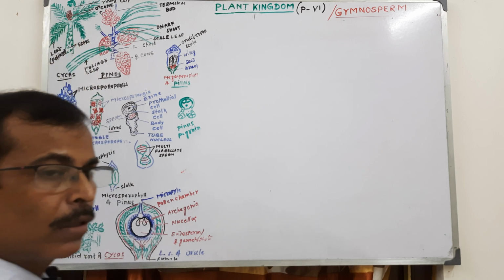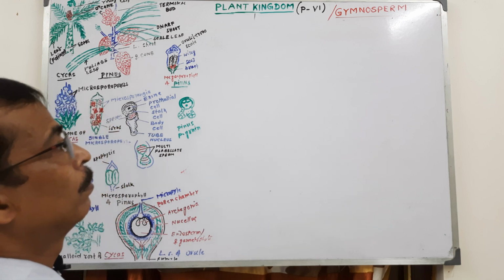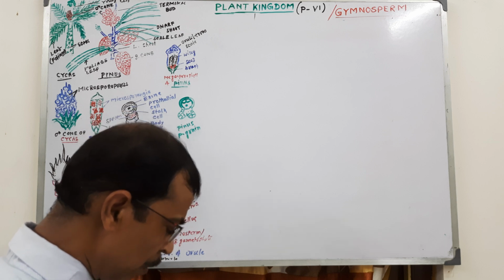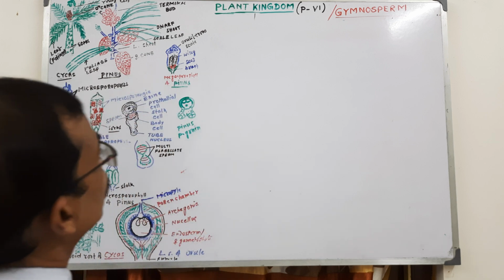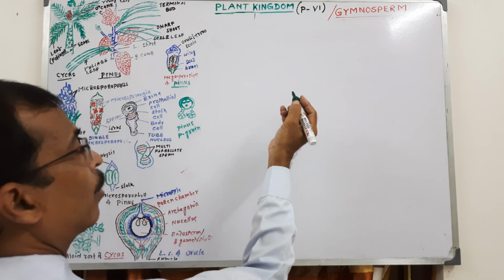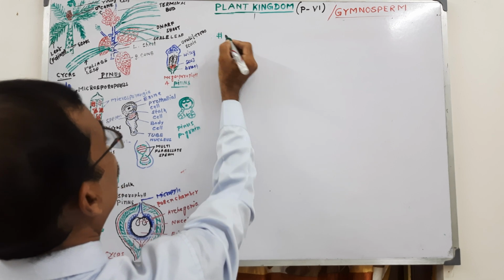This bulbil gets detached from the main plant and germinates into a new offspring. Now the reproductive structures, that is, their flowers: as they are gymnosperms, phanerogams without ovary, flowers are present though rudimentary.